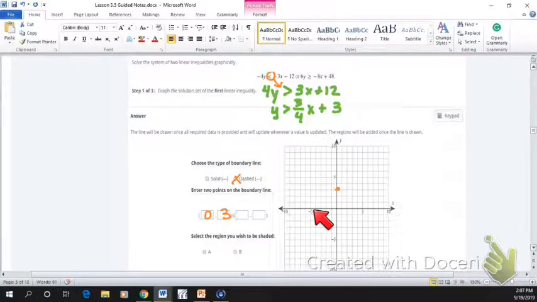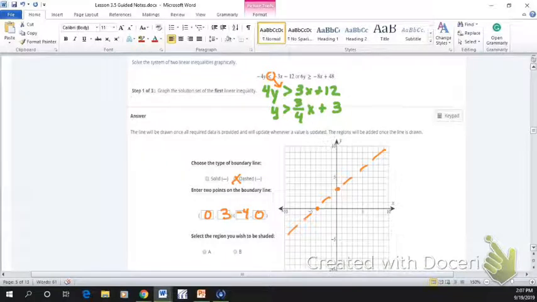So it gives you the x-intercept. You can put either point, it doesn't matter. If you want to go up 3 and over 4, that's fine, you just have to name that point. But I'm going to do the x-intercept, which is -4, 0. So -4, 0 is right there. I need a dashed line. So right there is my line.